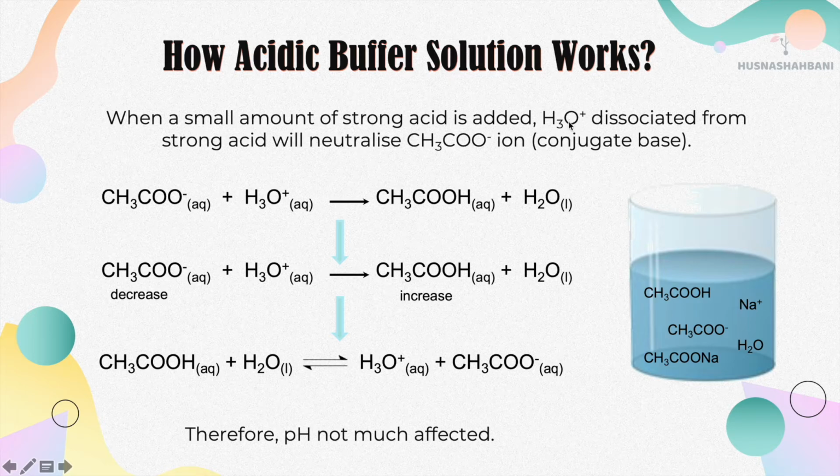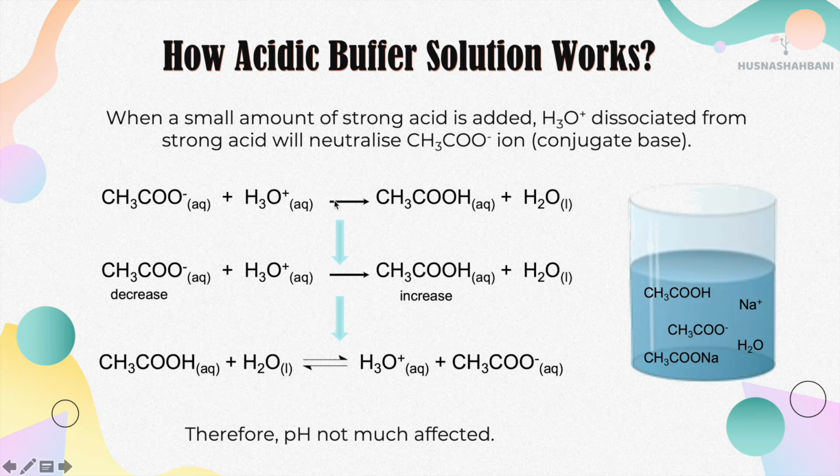So this H3O+ comes from the strong acid because you add a small amount of it. Because this is positive, it will react with the CH3COO- ion. So here you have the equation: CH3COO- ion reacts with H3O+, negative ion reacts with positive ion, and you get CH3COOH. It will form the weak acid plus water.